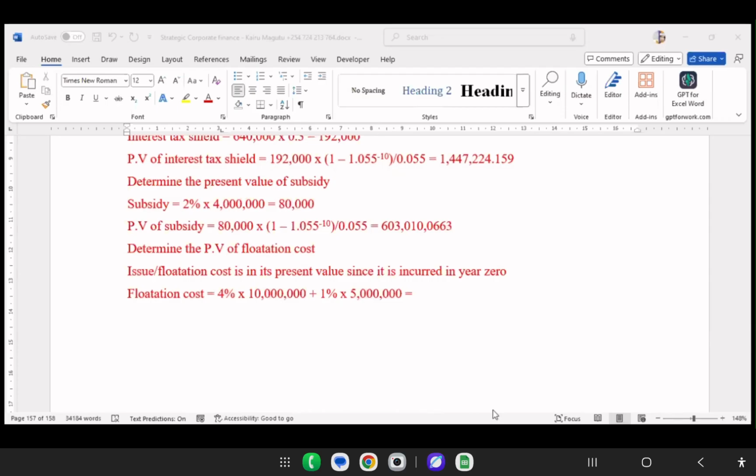Is someone giving 450? I see a 450. So I think it is 450. What I can see, a majority have given 450. So the flotation cost is 450.